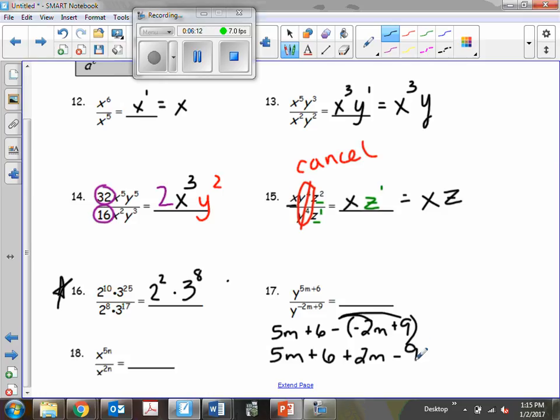Now if we combine like terms, 5m and 2m gives you 7m, and then 6 minus 9 gives you a negative 3. So 7m minus 3 becomes your new exponent. My base is y. My exponent is now 7m minus 3. Go ahead and try number 18, and let me check it.